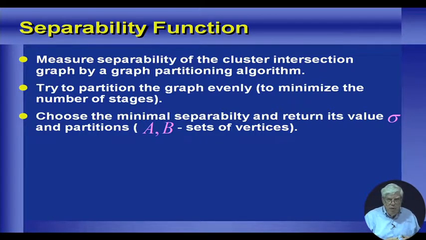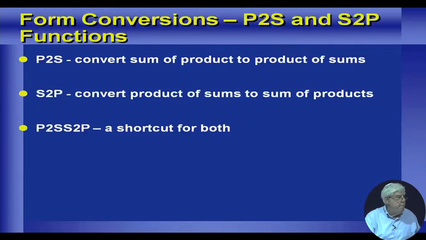And the separability will be low if I can find a cut across edges that will be relatively cheap when I add up the weights on the edges that I cut. So choose a minimal separability and return its value. That is, partitioning the vertices into 2 sets A and B and counting up the weights on all the edges that go from one side to the other.